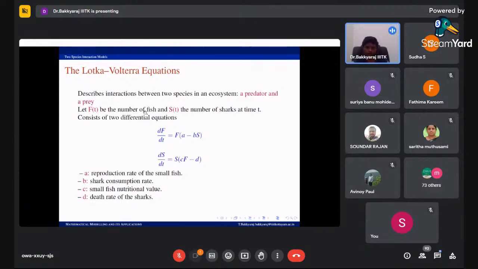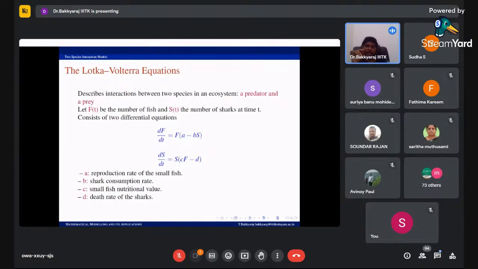Okay, so now the rate of change of fish. How does it happen? The rate of change of the fish population is increased by the birth rate. If a is a birth rate, the parameter a denotes the birth rate of fish per unit time.